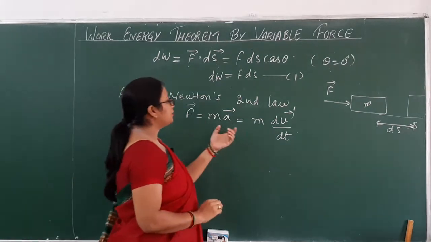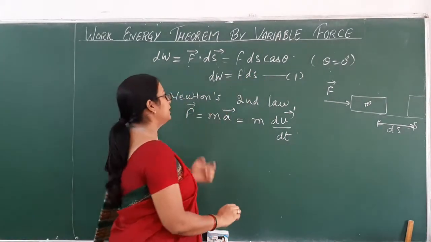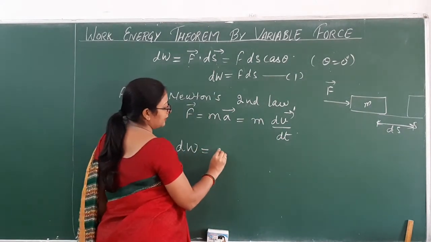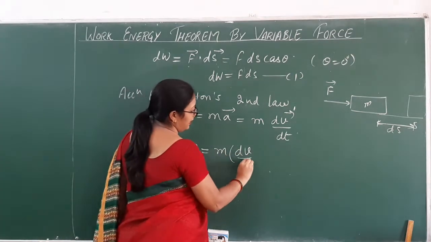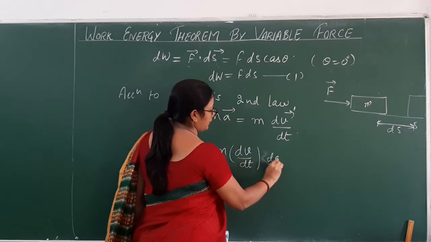Okay, so put this value of F in equation number 1. So what will we get? We'll get dW is equal to m dV by dt into ds.